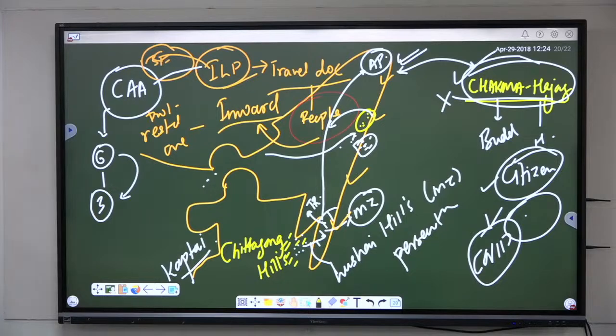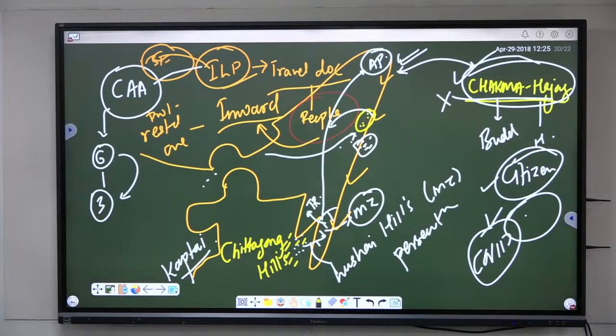Full stop. They entered India through where? Lushai Hills, in bracket Mizoram. They did not have land and citizenship rights. Next point.